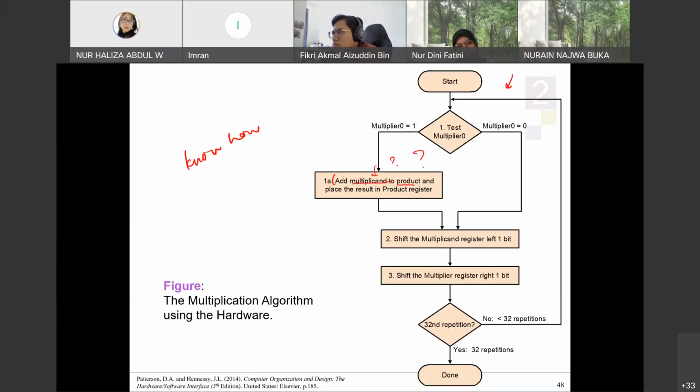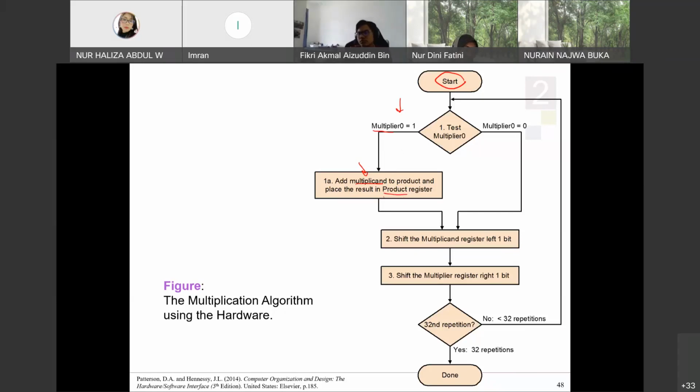To product. So you need to know using this flowchart. Okay. You're going to start with, of course, two numbers, which is multiplier and multiplicand. That's why I ask you to know what is multiplier, what is multiplicand, and what is product.